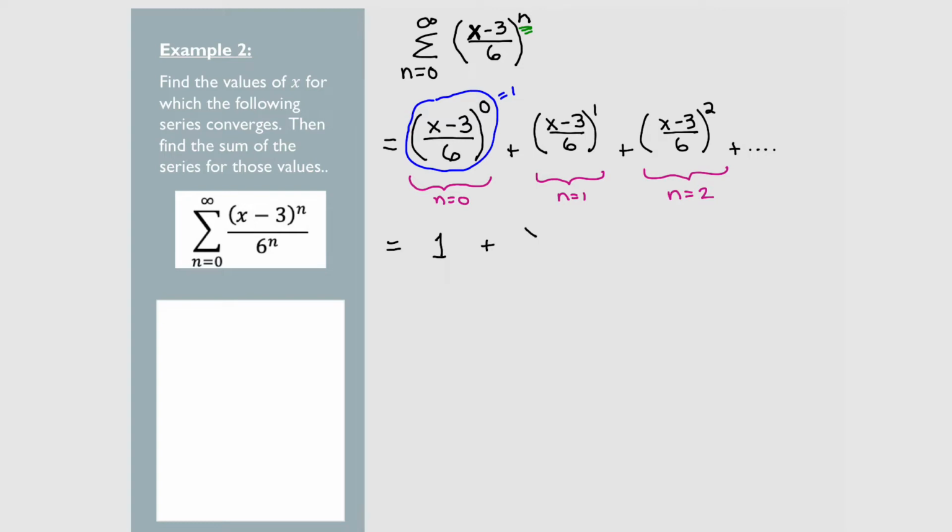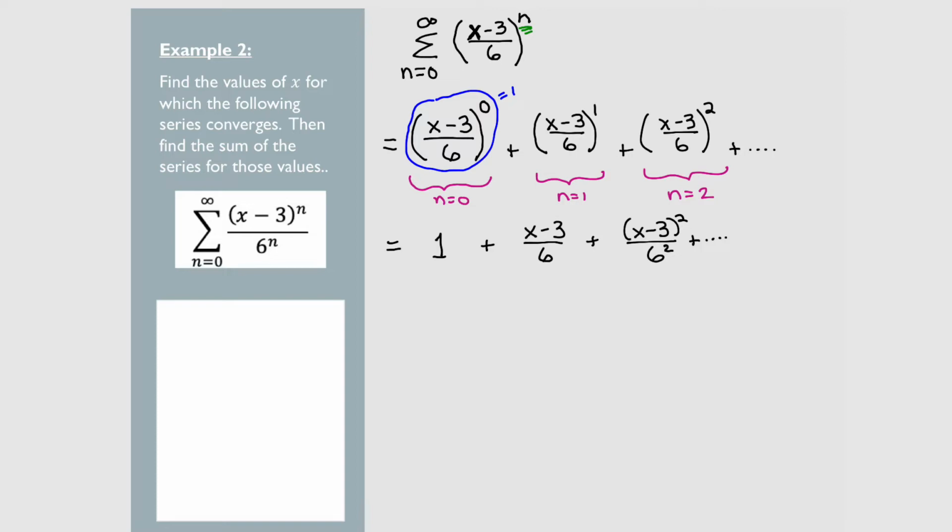The second term is just (x minus 3)/6. And then the third term, and I'm not going to expand it out because, again, my whole job is to find a and r, so I can determine convergence and also find sums. So I'm looking at my geometric series, and it's 1 plus (x minus 3)/6 plus ((x minus 3)/6) squared, etc., etc., etc.